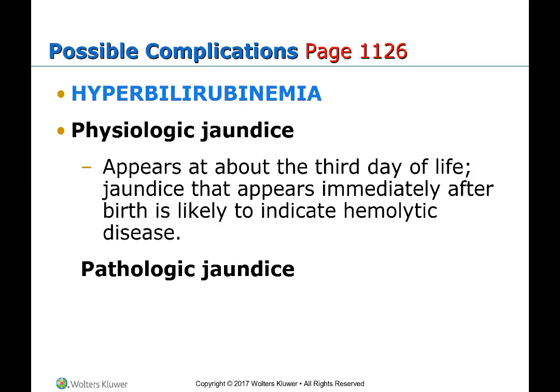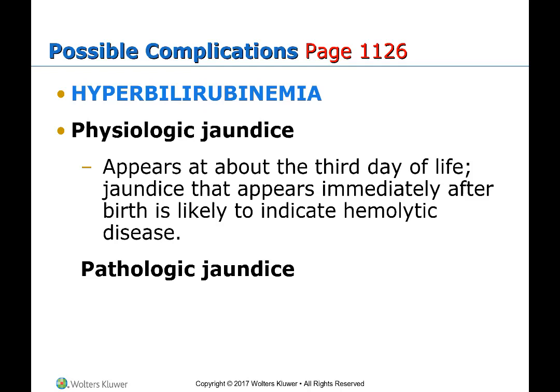I'm not going to get into the different types of bilirubin here, unconjugated, conjugated, etc. I just want you to know that hyperbilirubinemia is a condition of too much bilirubin in the blood. And it often occurs in a newborn. The reason it occurs is because the immature liver is just not up to speed yet.